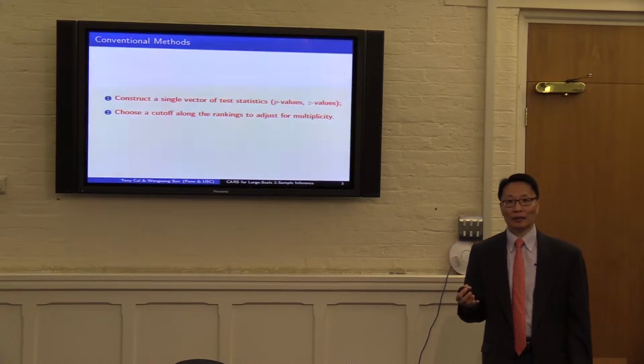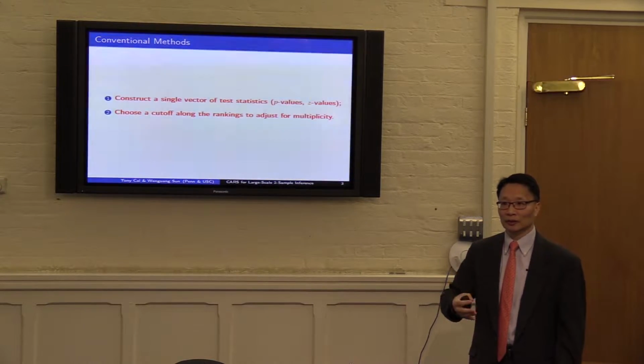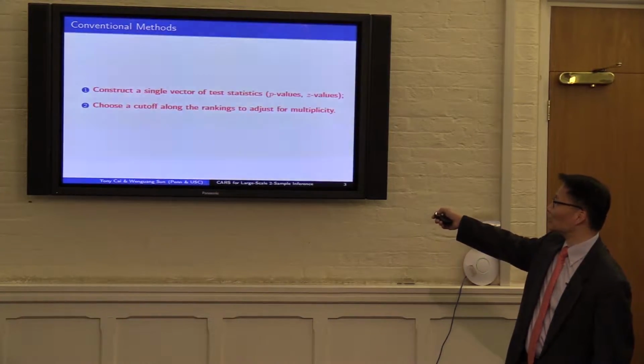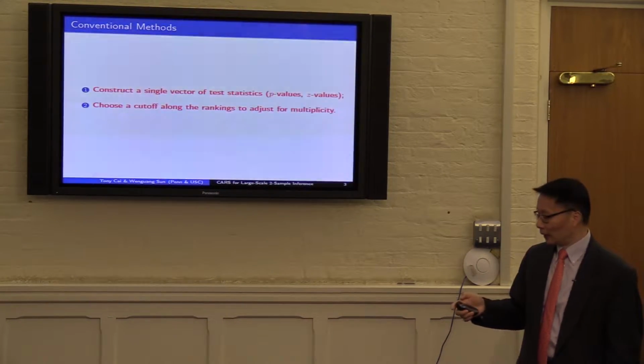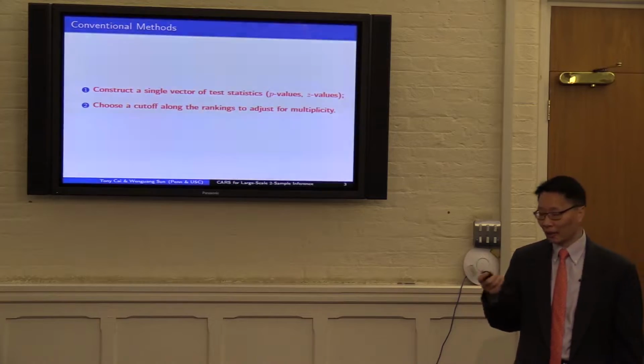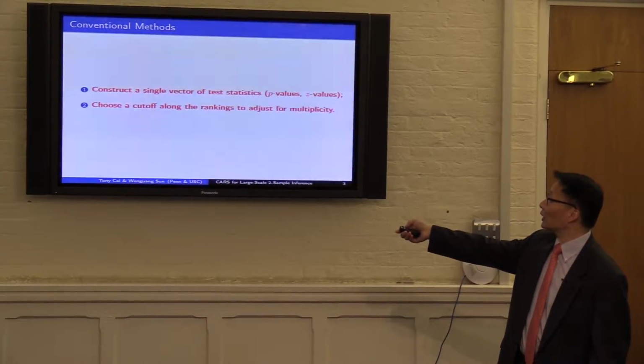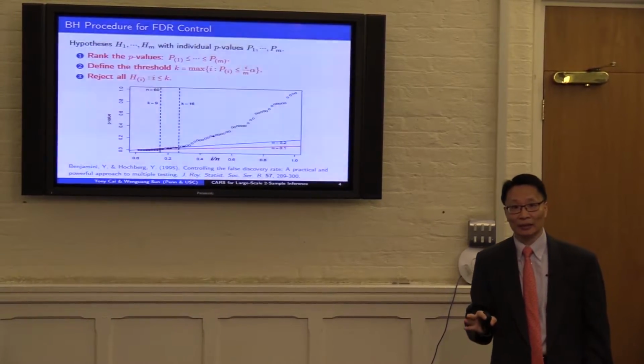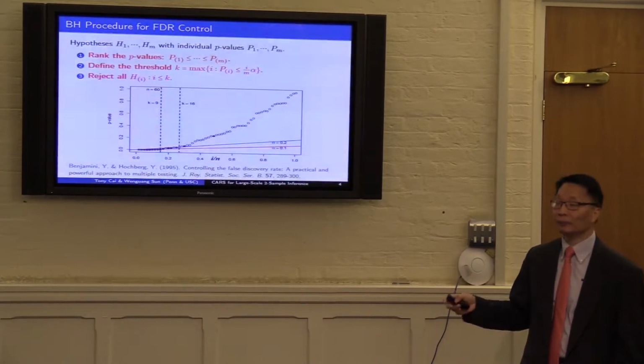And by now, the issue of multiplicity is also very well understood, so we need to take that into account. We are going to choose a cutoff along the rankings to adjust for multiplicity. And among all the methods in the literature, I think the best known one is the BH procedure. It's very easy to explain and very easy to implement.